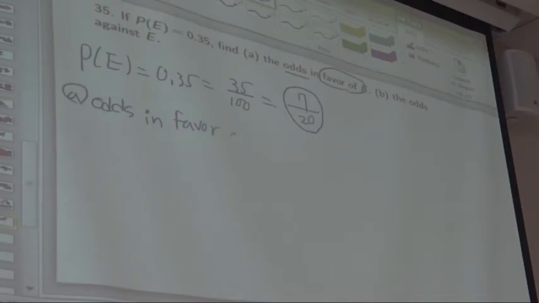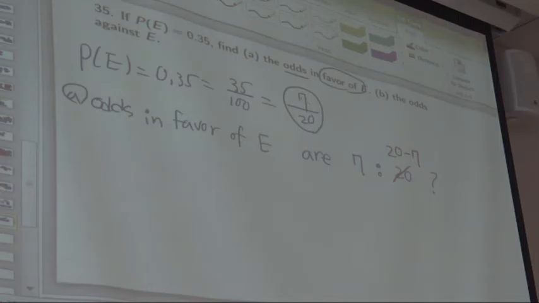The odds in favor of E are 7 to 20. The answer is 20 minus 7, so 7 to 13.